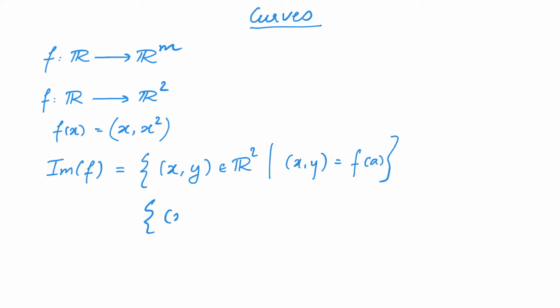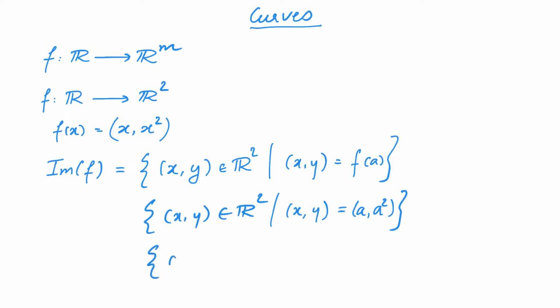But notice that f of a is equal to (a, a square). Therefore, (x, y) is equal to f of a precisely when (x, y) is equal to (a, a square). In other words, x has to be a and y has to be a square.